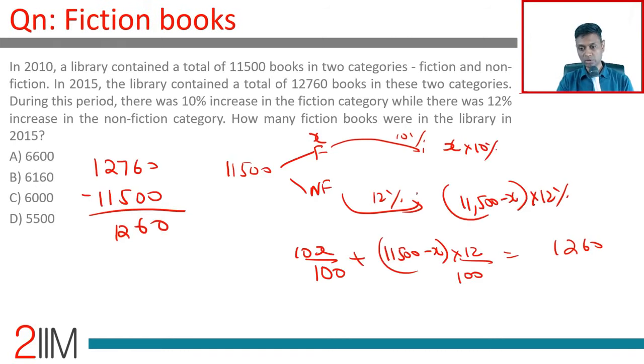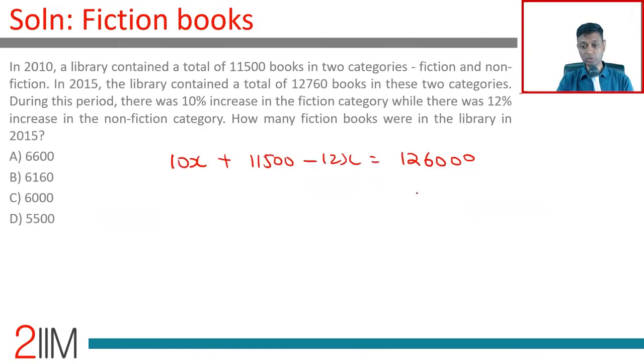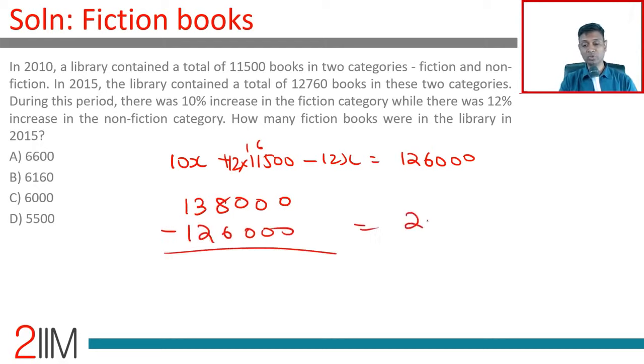Let's simplify this. Oh, sorry, 11,500 into 12. 12 into 11,500 is 138000 minus 126000 equals 2x. 12,000 is 2x, or x is 6,000.